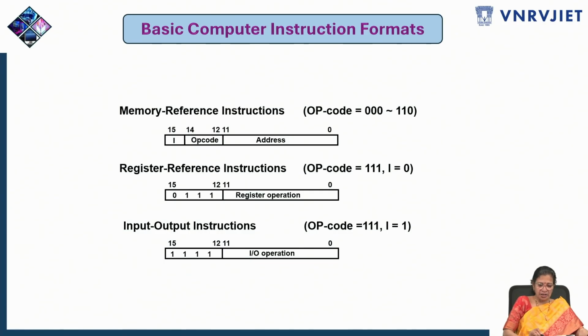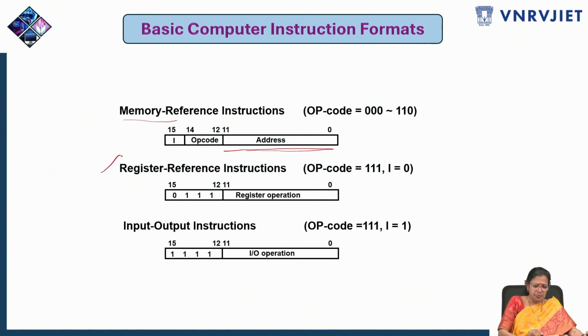Whenever we write any instruction like add, sub, and, whatever the operation is, we write it under the opcode, and with which operand it has to be performed is mentioned in the least significant 12 bits. So these are the memory reference instructions, which refer to a memory location to fetch an operand.